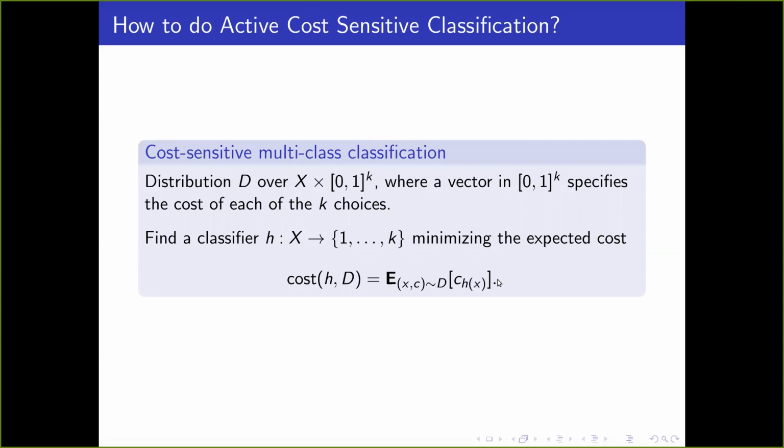The form of the predictor is the same as multi-class, just choosing one of k classes. But instead of a 0-1 loss, we have a cost-sensitive loss. Again, as we've seen, this is a more powerful primitive than multi-class. There are a lot of situations where this can express partial credit, and you would like to be able to do active learning in that kind of situation.